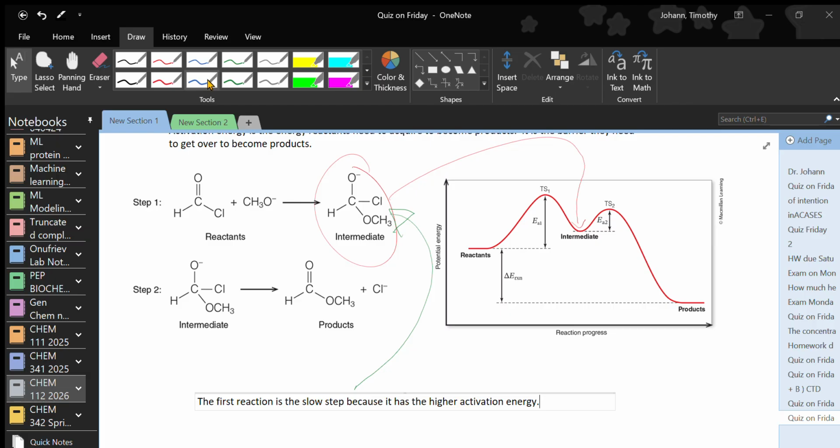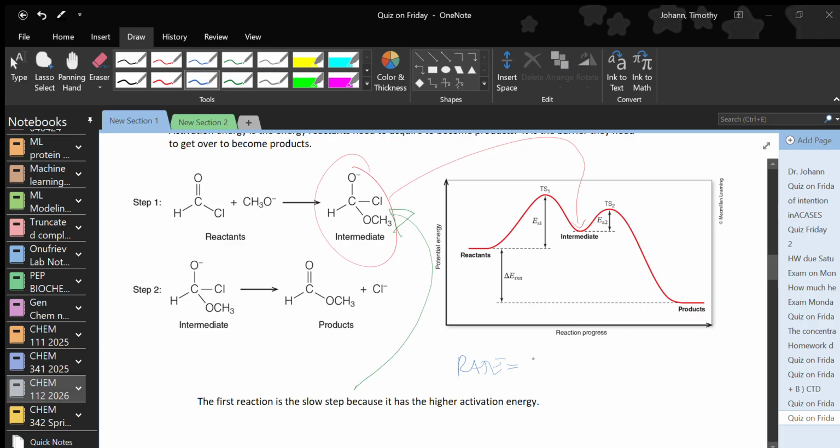Okay, so hopefully what you wrote down was we've got a rate, and that's going to be equal to, this thing is CH3O and Cl, right? H isn't coming off, so the concentration of that times a rate constant k times the methoxy concentration.